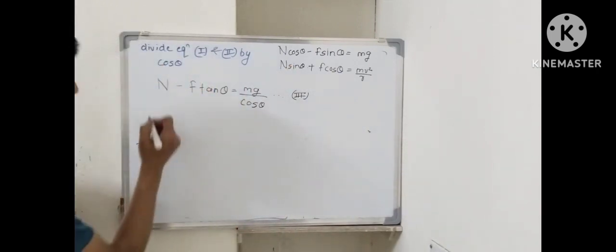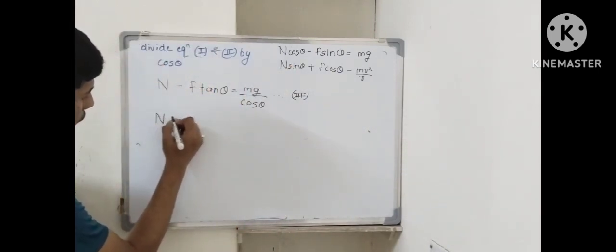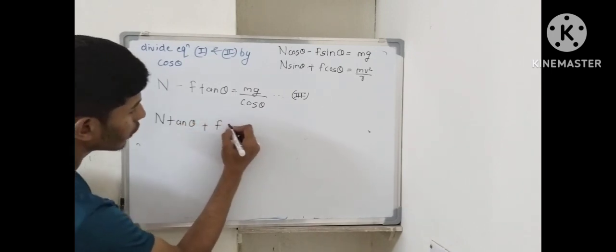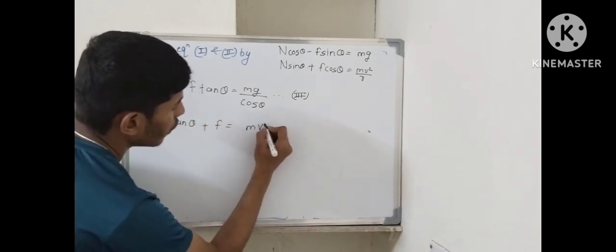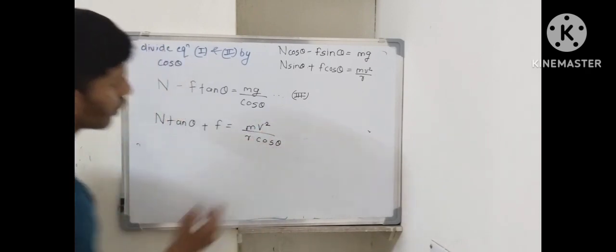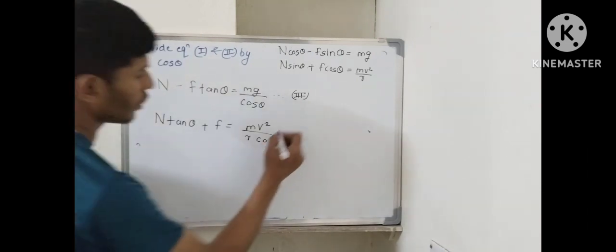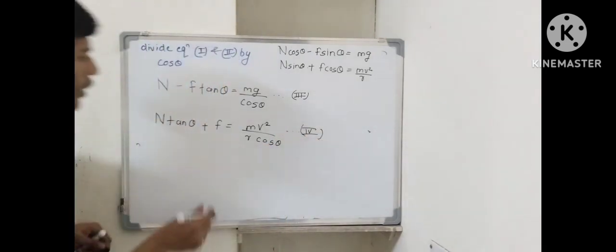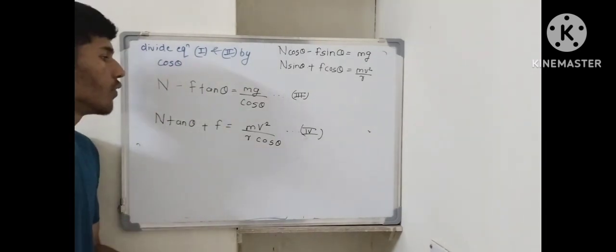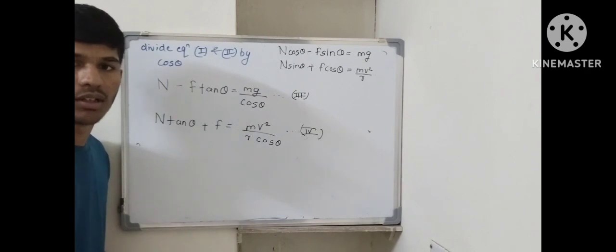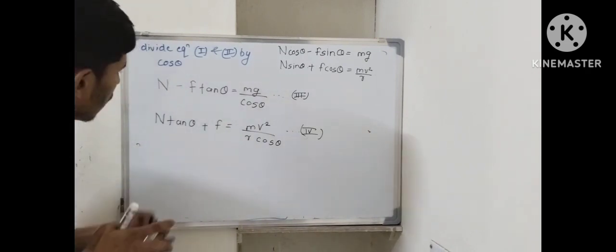And the second equation, it will be n tan theta plus f is equals to mv square by r cos theta. Understand? Name it as equation number 4. We got these two equations. Again, what we will do? Divide equation number 4 by equation number 3. So we will get the result.